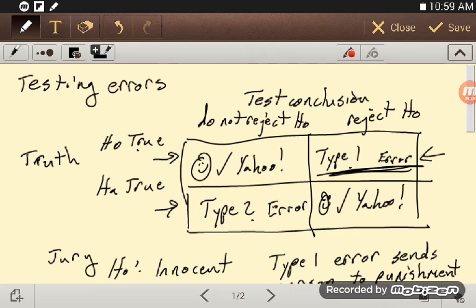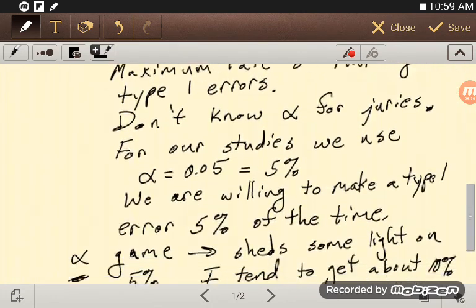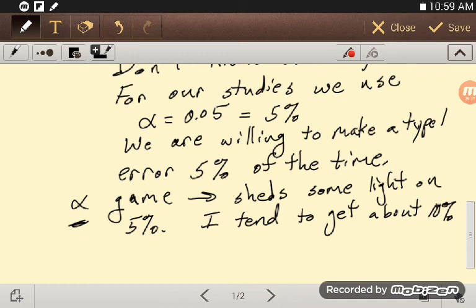And then our p-value is our actual probability of making a type 1 error. And so we just ask, is that probability smaller than our threshold? And if it is, great, we'll go ahead and reject H0. If it's not smaller than our threshold, we don't want to reject H0. We don't want to make that error because we don't want to make errors that often. And so we fail to reject H0.